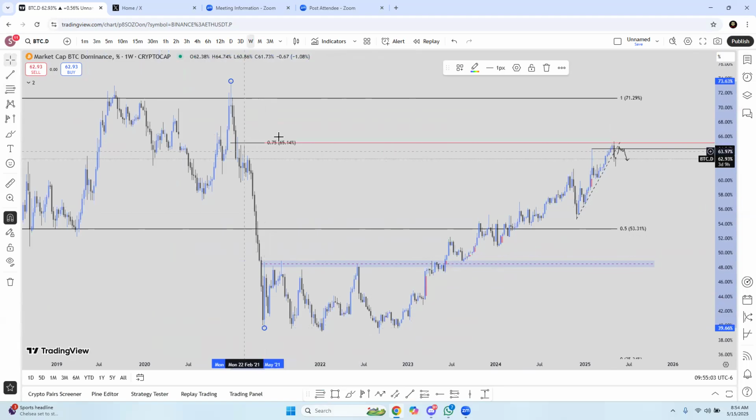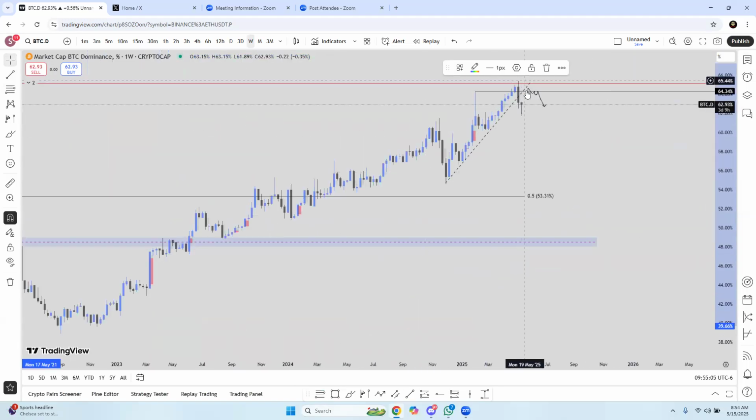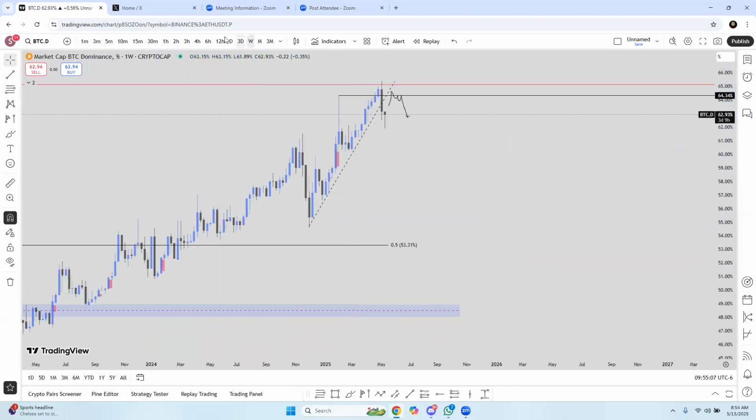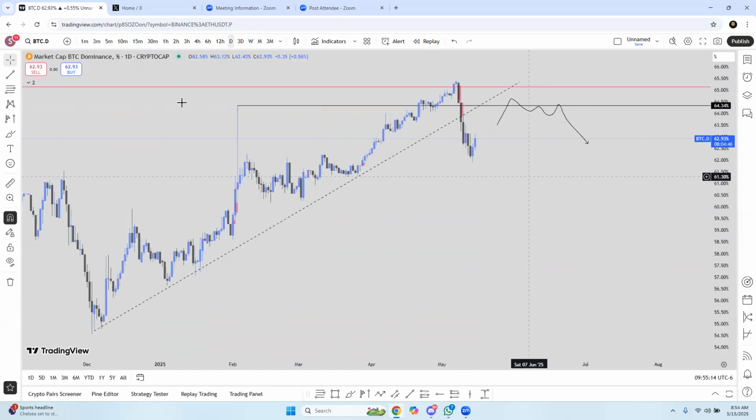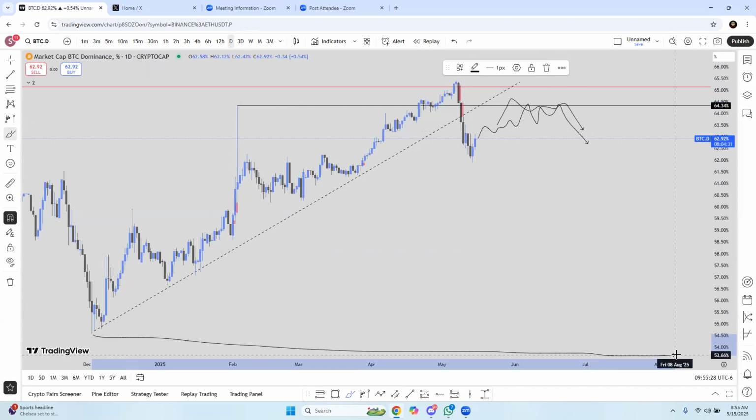This one, we banged up here, started moving down, and on the daily we broke down this trend line, and this is the high. So there are chances that if prices start going down on alts like crazy and it goes up and rejects here, start building your position in this zone because this is the target.